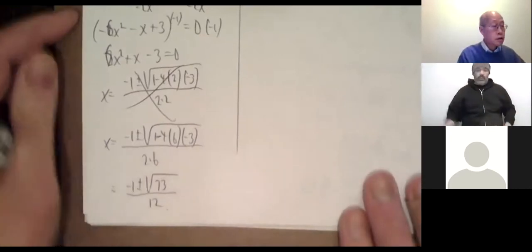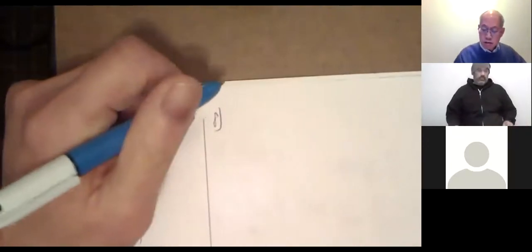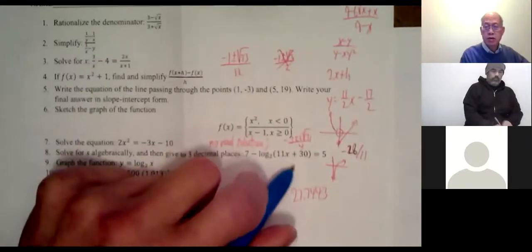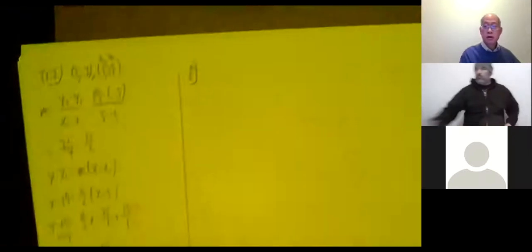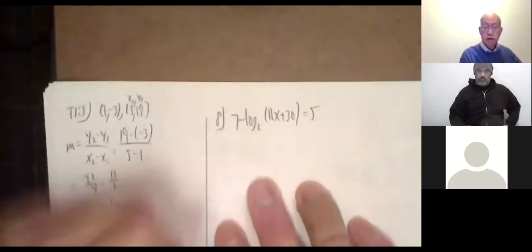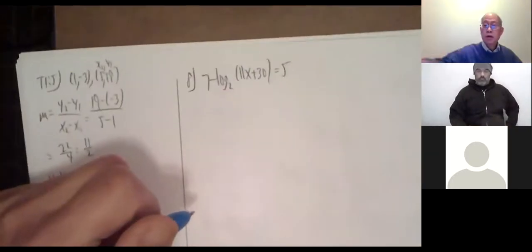All right, number 8. So 7 minus log base 2 of 11x plus 30 equals 5.